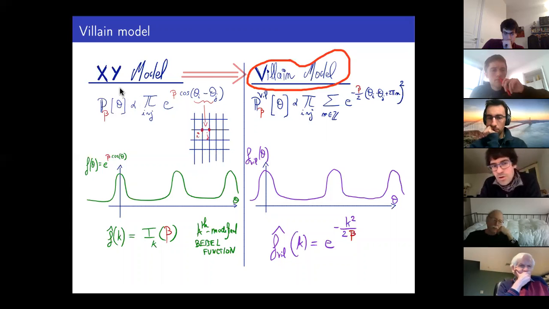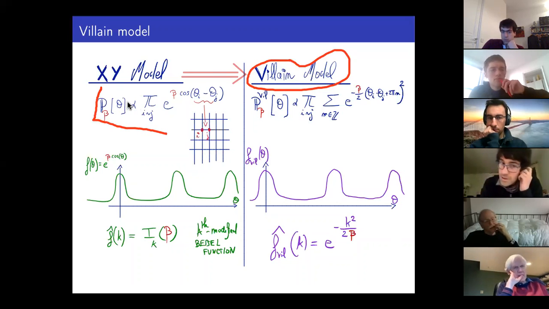The XY model, I recall it was defined like that. The probability of a configuration of angles was proportional to the product over all neighboring sites of the exponential of beta times the cosine. So just to recall things, if beta is huge, you want theta i and theta j to be basically aligned to each other.